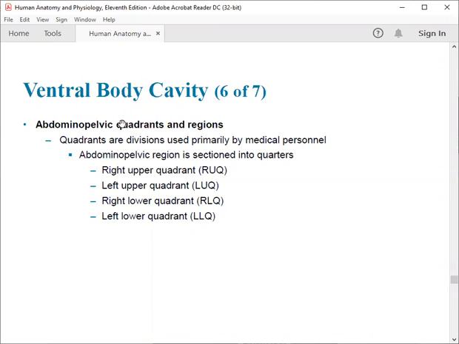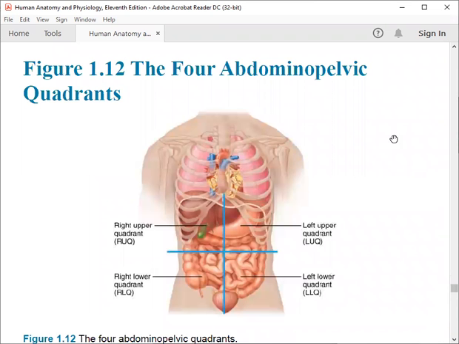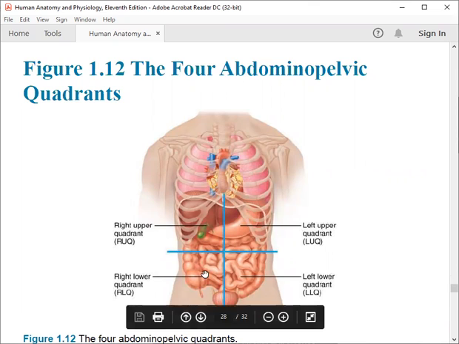All right, the last section is going to talk about quadrants and regions. These are just ways to refer to different areas and refer to what organs are located in those different areas. So I'll jump to the picture here. It's showing you your right upper quadrant, your left upper quadrant, your right lower quadrant, and your left lower quadrant.